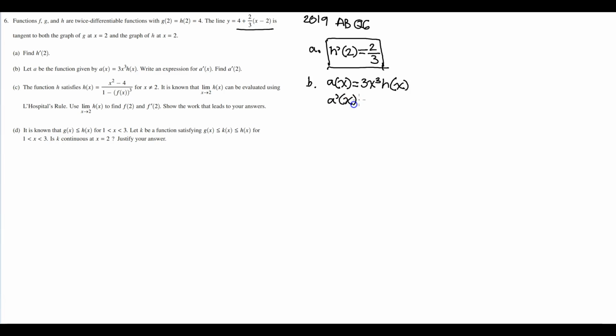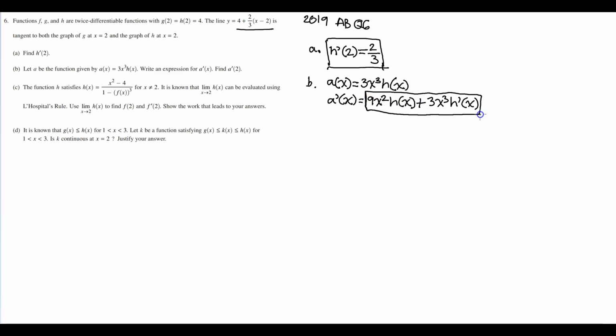A prime of x equals f prime g plus g prime f. That is our expression.